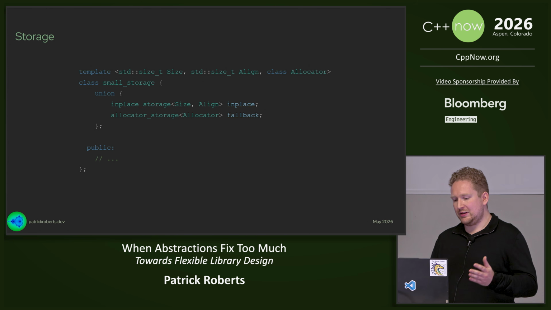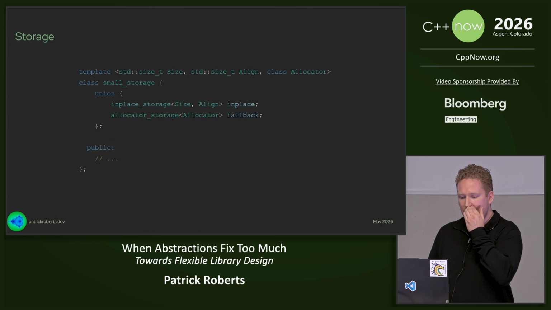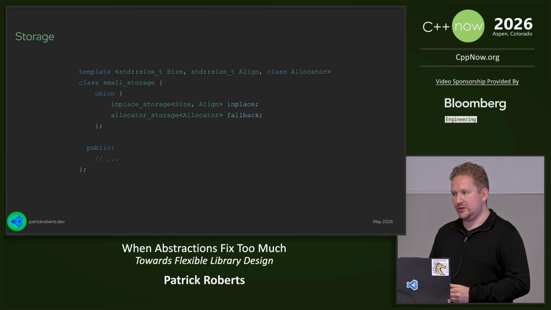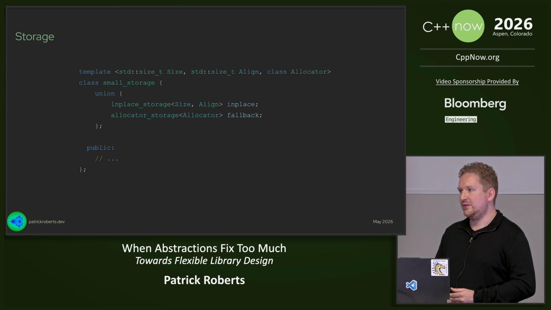Building on the two previous storages, you can also have a small buffer optimized storage where you use the in-place storage, and assuming that it uses FINE to bail out of the support, you can fall back to allocator storage for types that don't fit within the class layout of the in-place type.